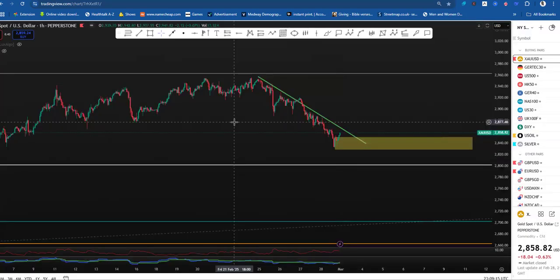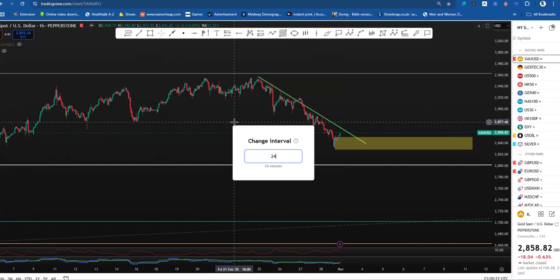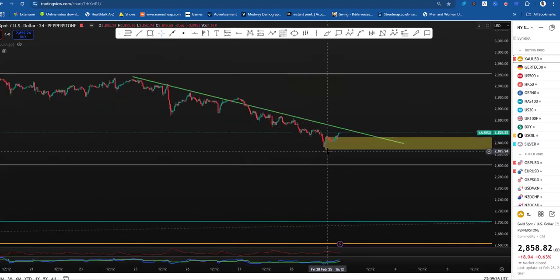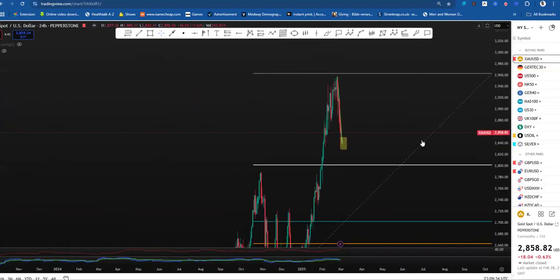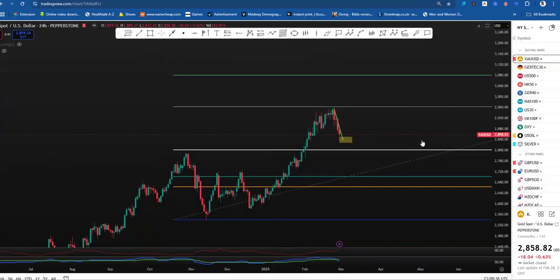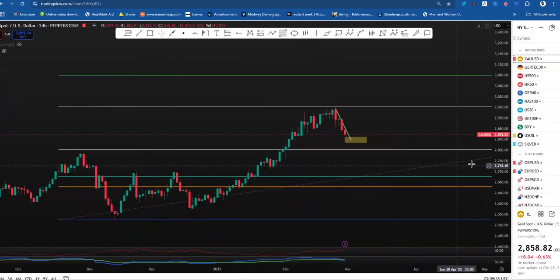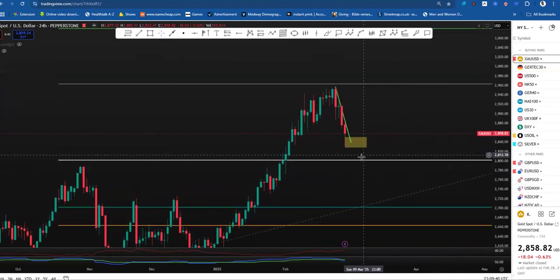Let's do the daily time frame. So on the daily time frame, we're looking at this area here.